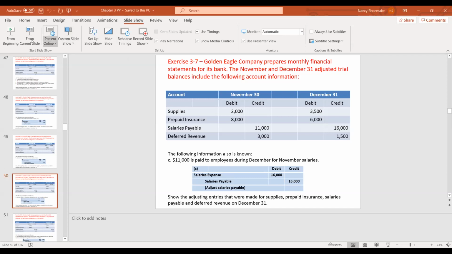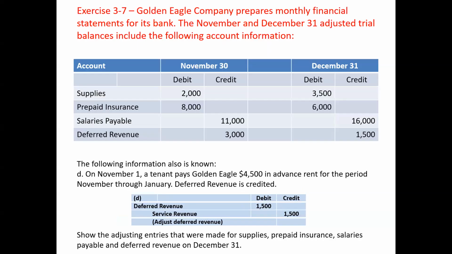Next. Deferred revenue began at 3,000, ended at 1,500. So that's the first thing I'm going to do.